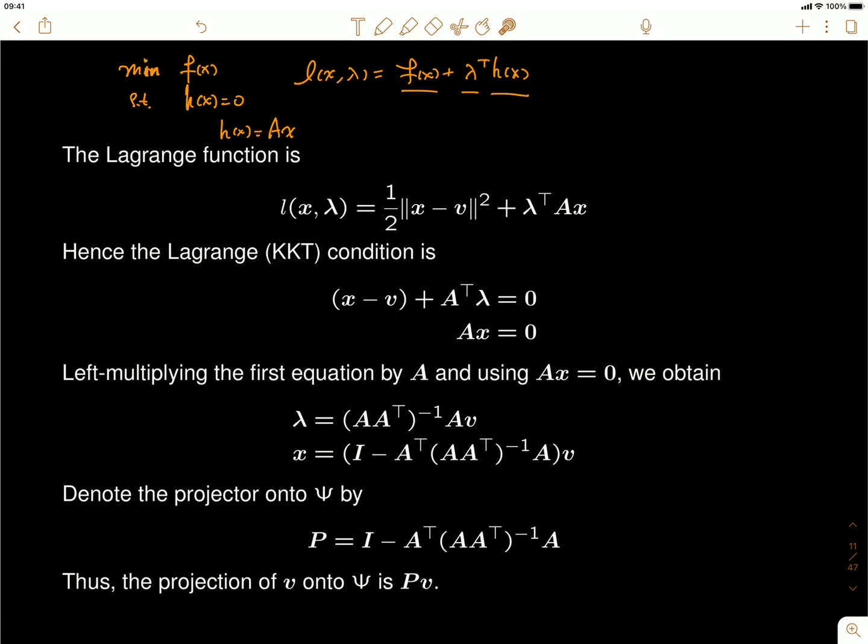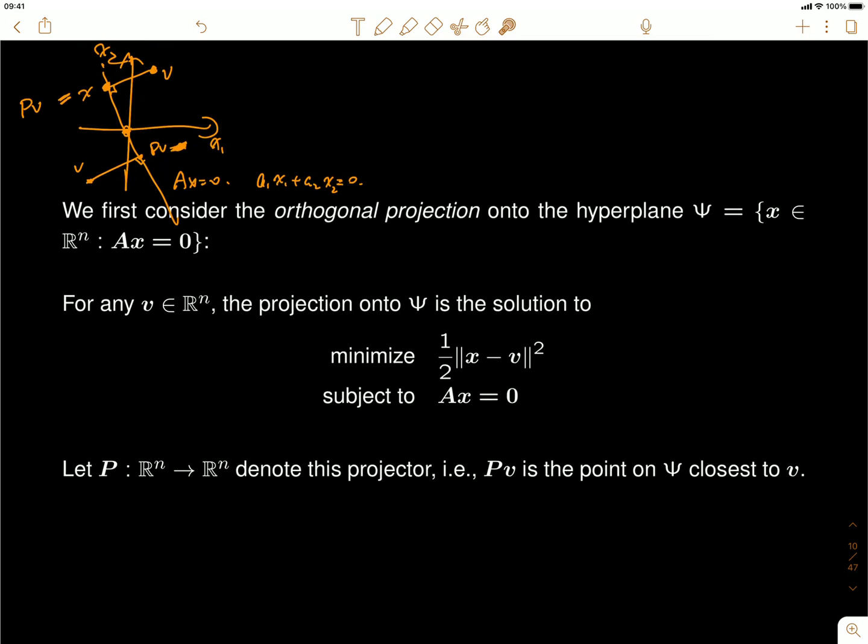Now we can try to solve for x and lambda. This gives us a first order necessary condition, and any minimizer should satisfy this. But actually, you can see that this system only admits one solution, and that solution is the minimizer. You can see this from the projection problem here. We have a strongly convex objective function.